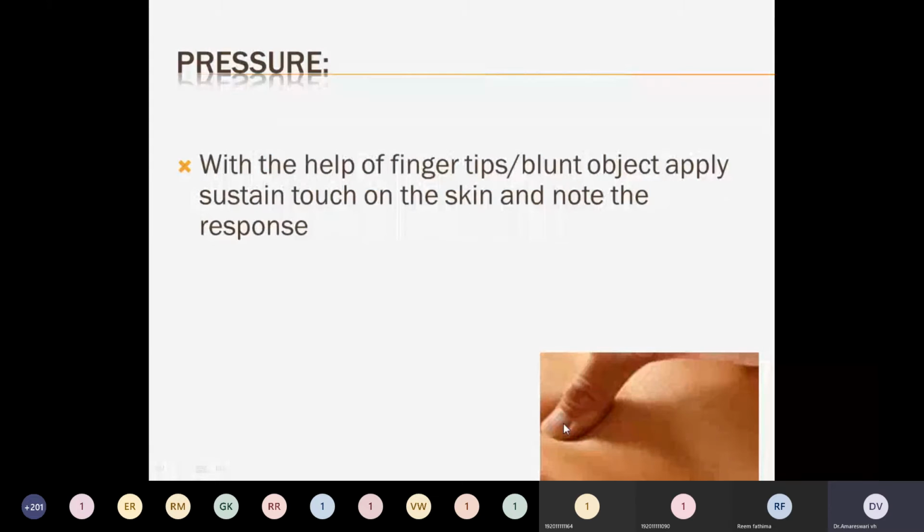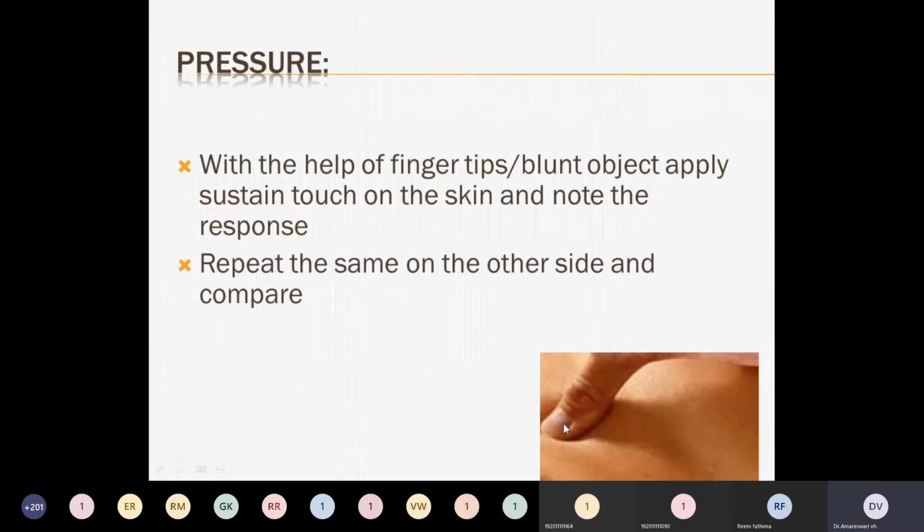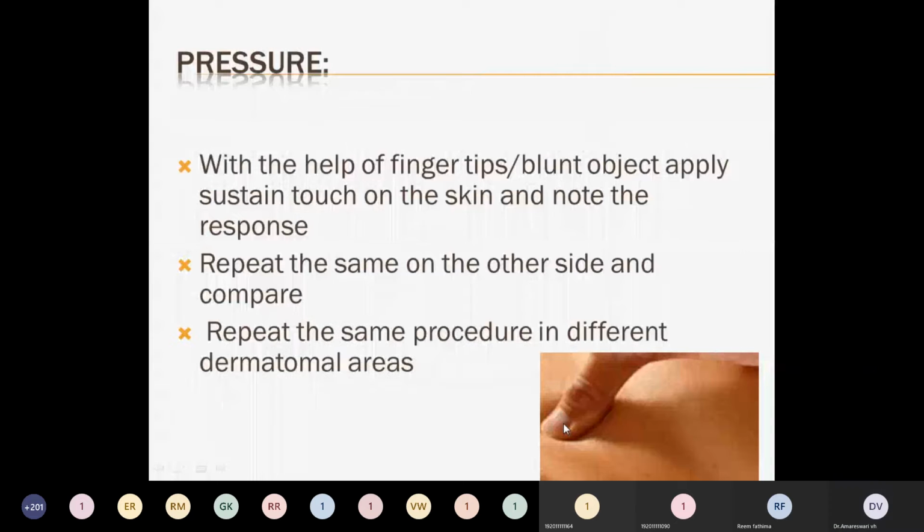You have to keep it for some more time. Sustained touch. Keep for some more time and ask him whether he is able to appreciate it. Repeat the same on the other side and compare. Repeat the same procedure in different dermatomal areas and report the finding.